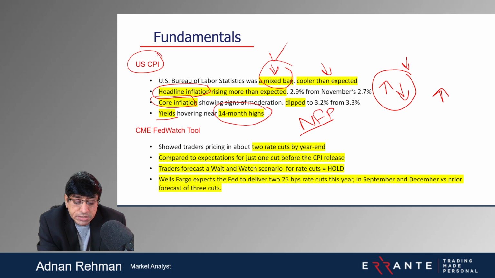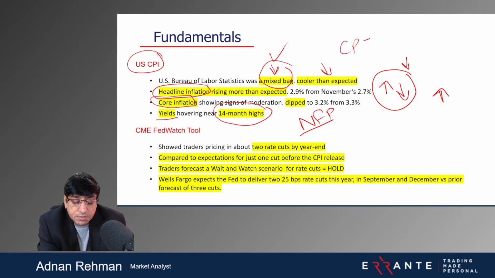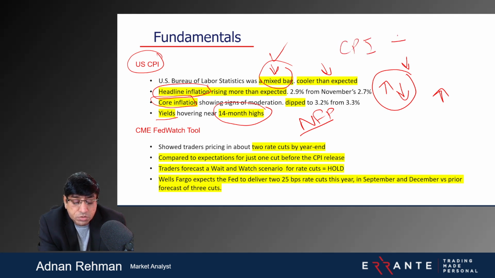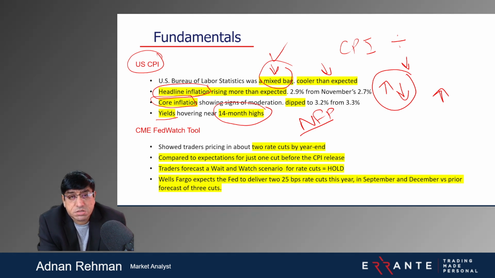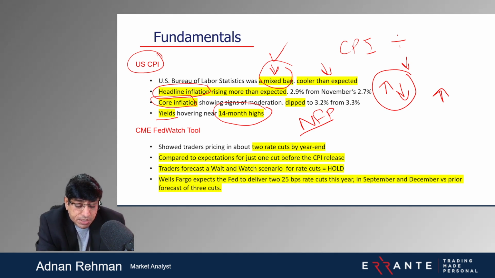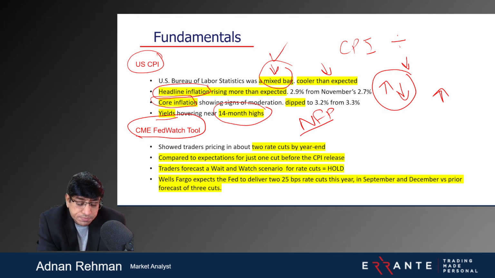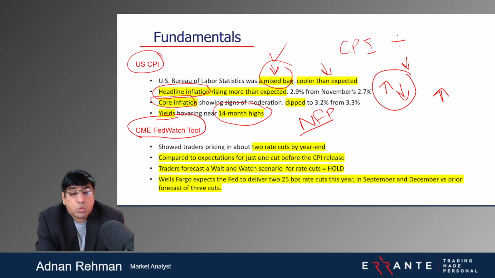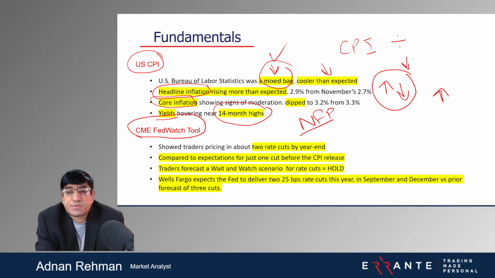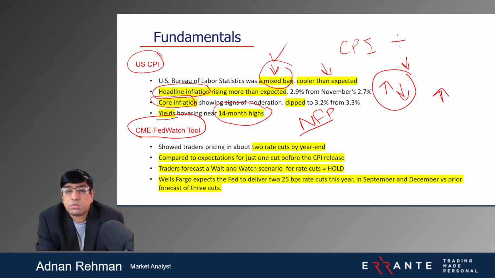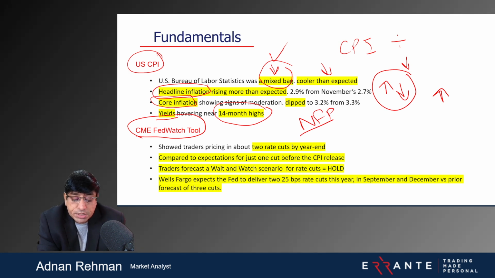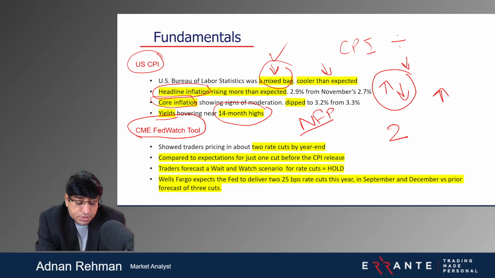So the CPI print, I could call it a mixed bag scenario. After that, let me take you toward the Fed watch tool. What is the Fed watch tool saying? It usually gives the interest rate forecast: whether the interest rate is going to be hiked, lowered, or held.